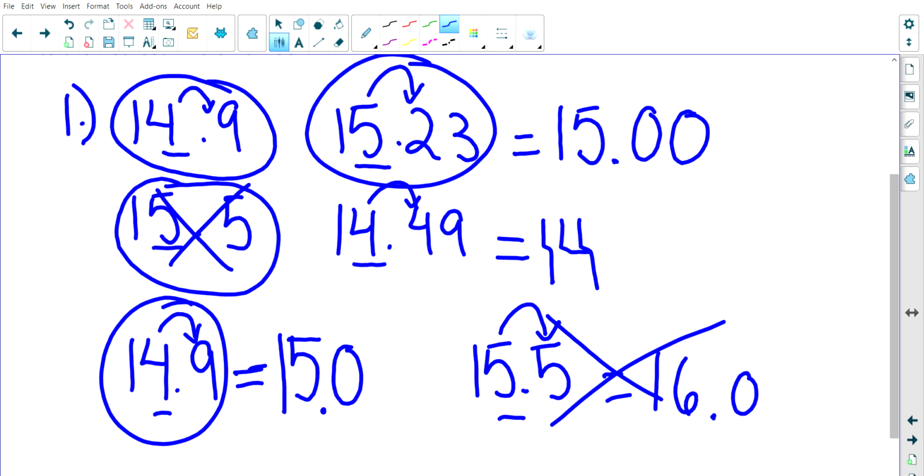Keep the decimal point where it is and turn everything else into a 0. So 14 and 49 hundredths, when rounded to the nearest whole number, rounds to 14. That's not what we're looking for, so this one we can cross off. So the only two numbers that rounded to 15 were 15 and 23 hundredths, and 14 and 9 tenths.